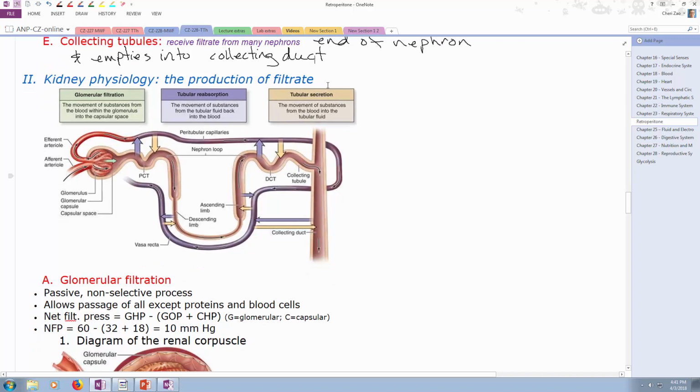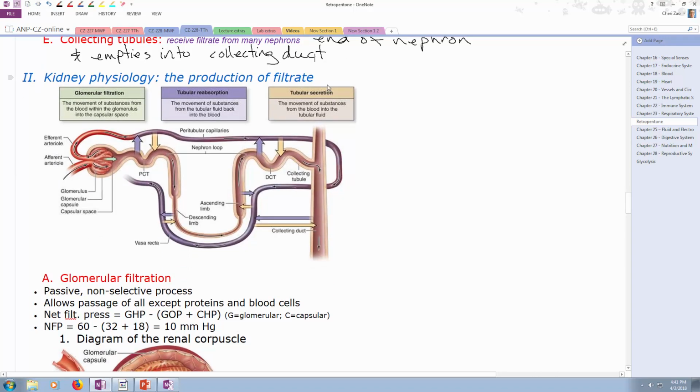We're going to get into some physiology now. That was mostly anatomy that we went through. We are going to talk about how we make glomerular filtration. So we're squeezing all of the filtrate and fluid out of your bloodstream, which means your blood ought to just gel up. But it doesn't, because we have tubular reabsorption.